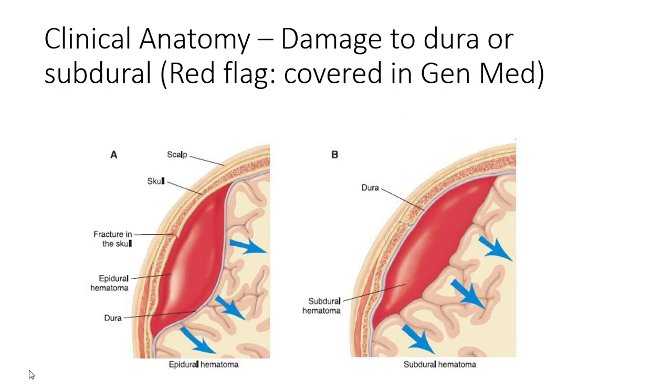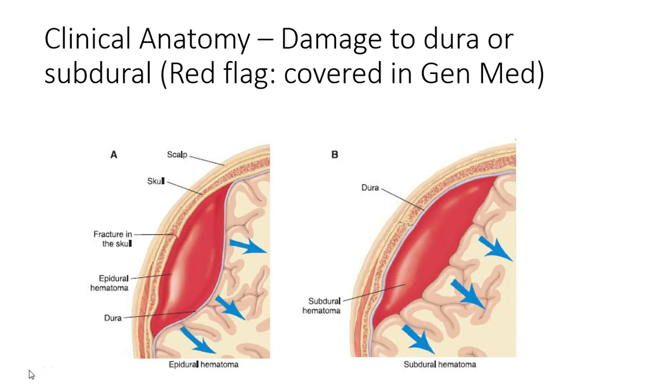All of this increases the pressure in the brain. Similarly, a subdural hematoma, same thing. This is bleeding between the arachnoid space and the pia mater. It puts pressure on the brain.